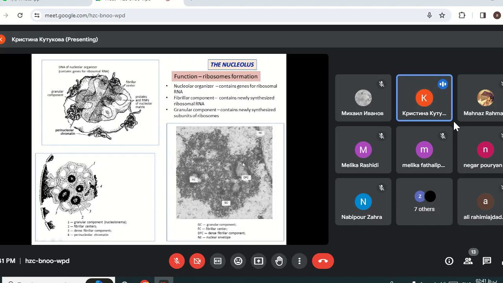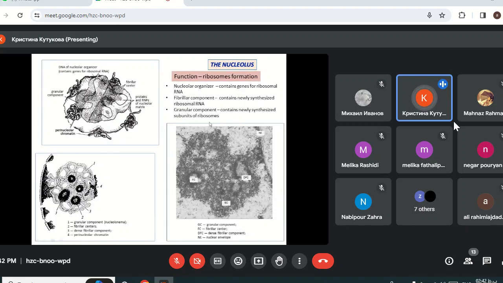So this area has DNA with genes for making ribosomal RNA. Next, fibrillar component, a more darkly looking area, contains newly synthesized ribosomal RNA. And granular component, which looks like small granules, dots, contains newly synthesized subunits of ribosomes.